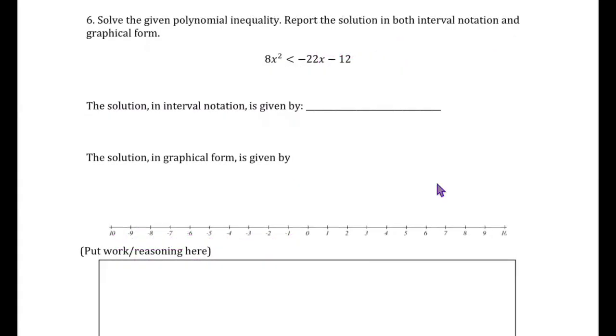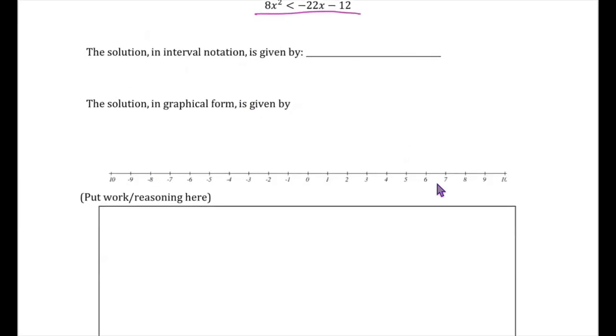Okay, so let's try this last example here. So we're solving for this expression, but because we have a quadratic expression, we want to move it to one side and then zero this inequality out so we can compare to zero instead.